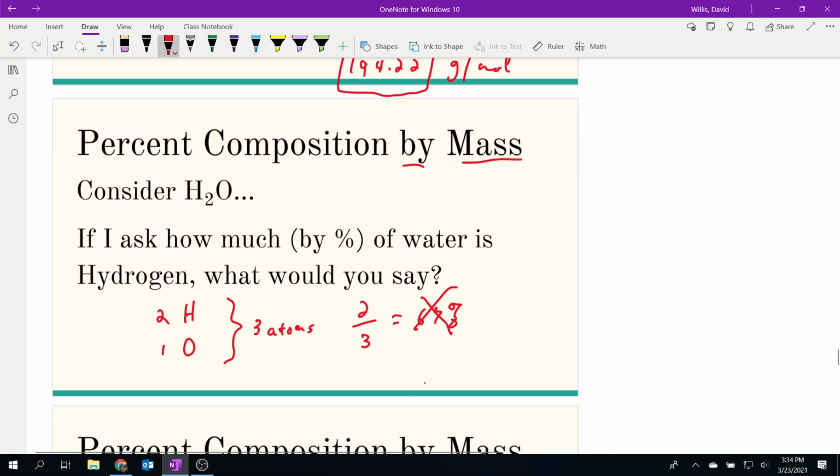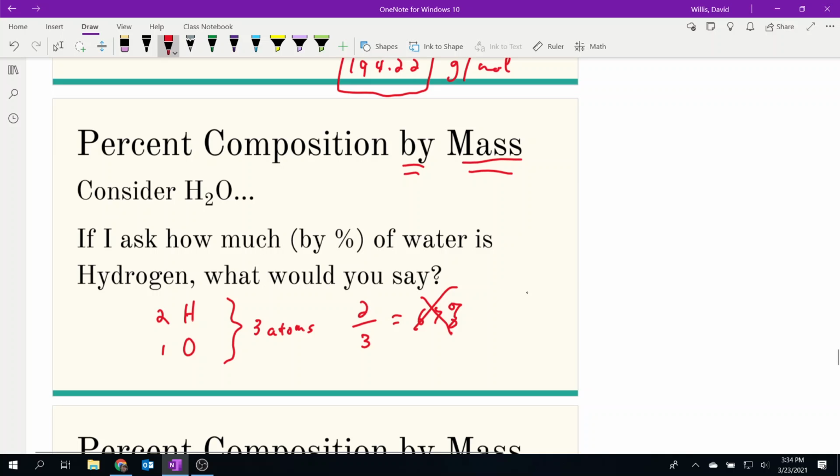That is not what we're interested in. We are not interested in the percentage by composition, meaning the number of atoms, because that turns out not to really be very relevant. What we're interested in is the composition by mass.